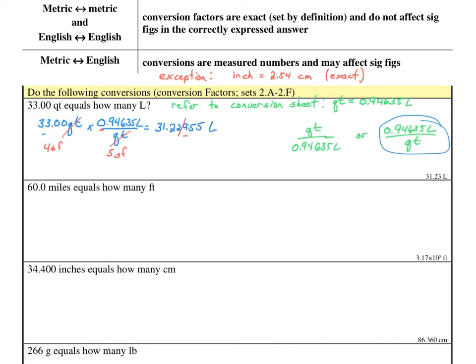The first number to be dropped is greater than 5, so we add 1 to the preceding decimal column. We get our final answer as 31.23 liters.